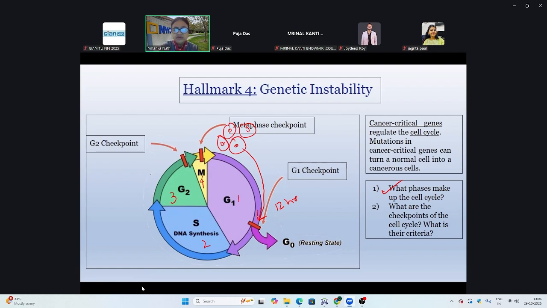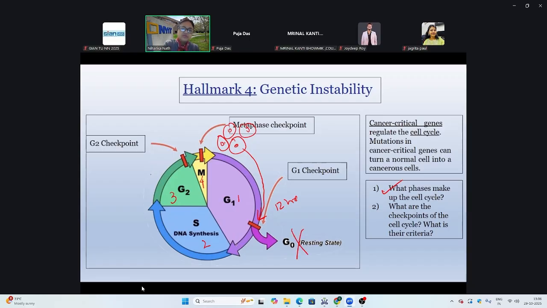It's just a newly born cell. It's been divided and hasn't started really working yet. It's not making any enzymes. It's not really mature yet. And you can ignore this G0 for now.